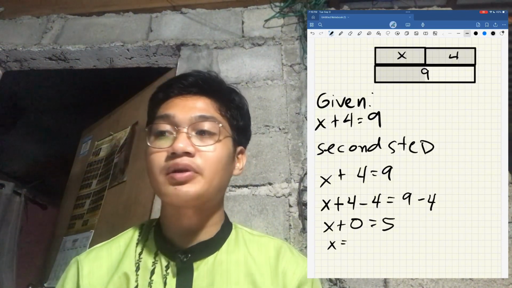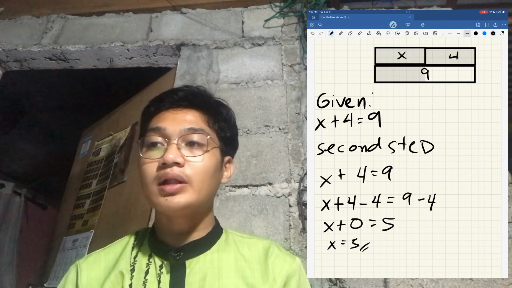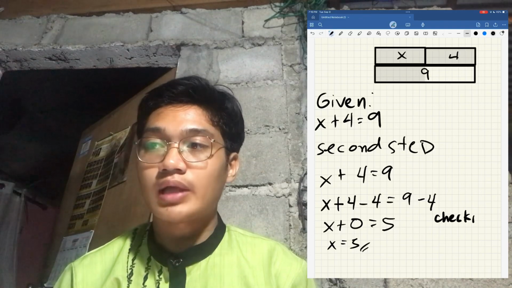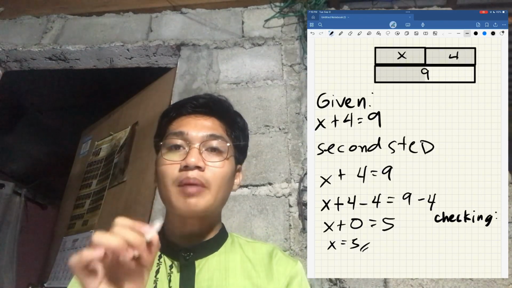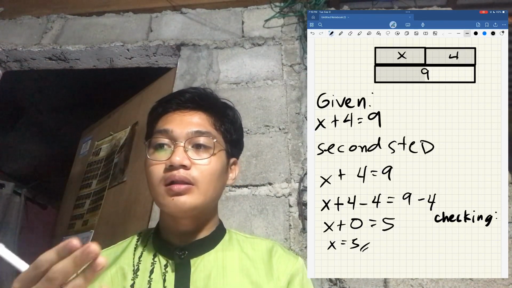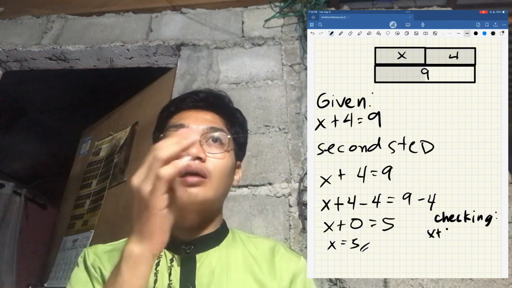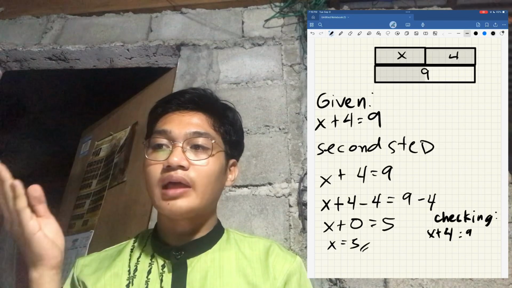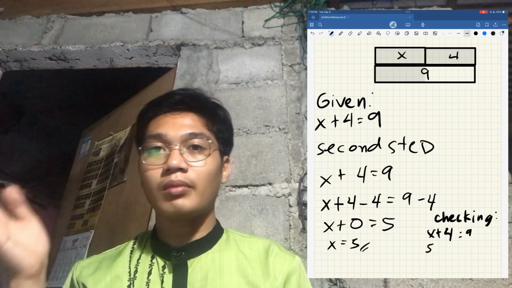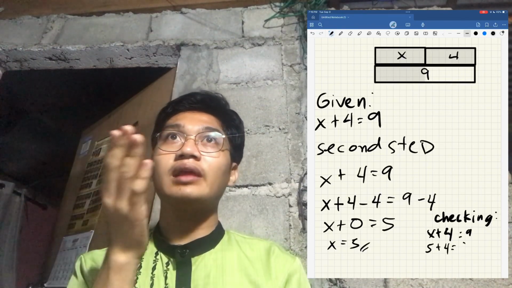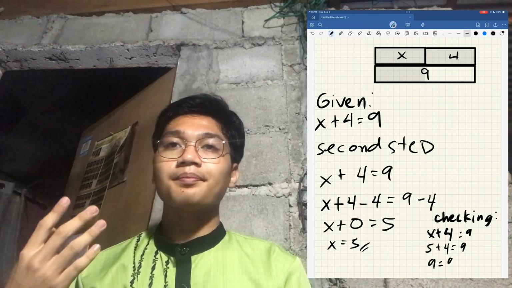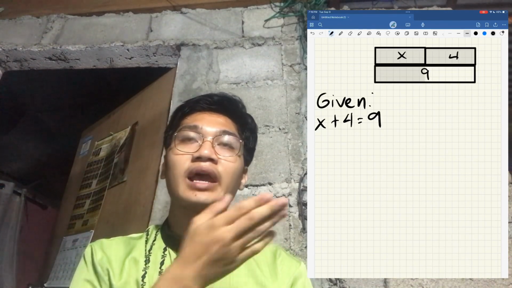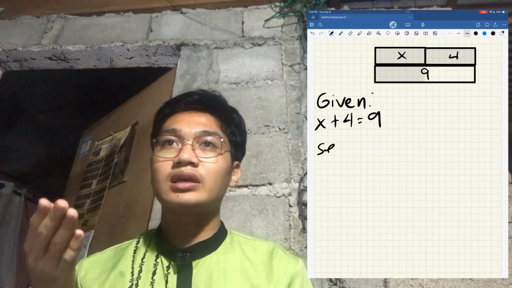Using the subtraction property of equality, we will use it. x plus 4 is equal to 9. So using the property of equality, we will minus 4 on one side and minus 4 on the other side.